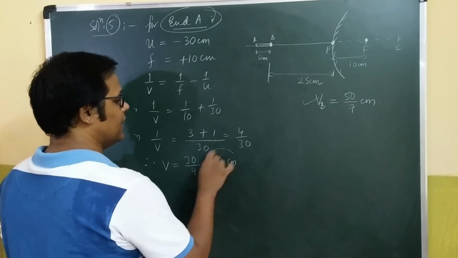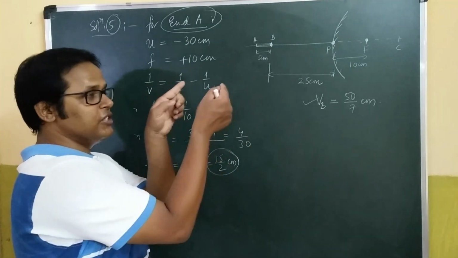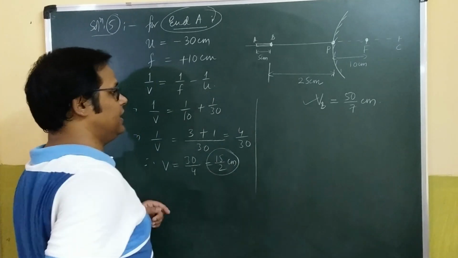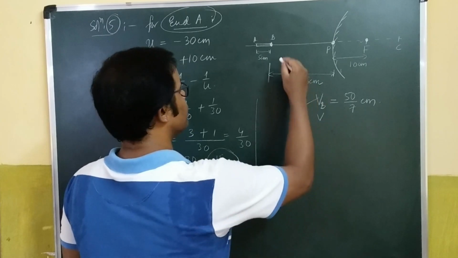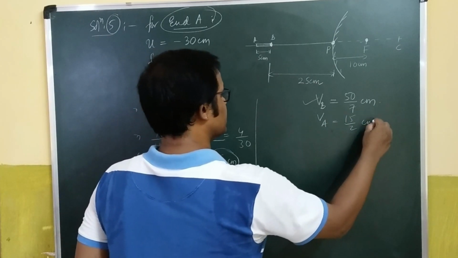You can see that it is also 7.5 centimeters. Very, very close. The image has become very much linearly diminished. Hence, V for the end A is coming out as 15 by 2 centimeters.